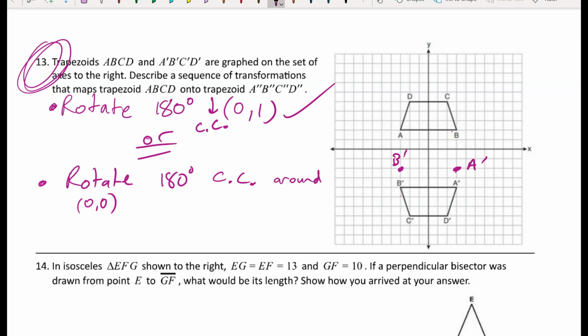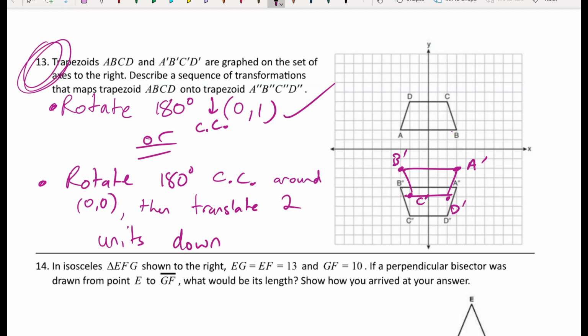Let's see, 1, 2, 3, 1. C prime there, and D prime there. That's okay too, because all I would need is to translate down 2 units. So I rotate 180 degrees counterclockwise around 0, 0, then translate 2 units down. So that is also fair game.